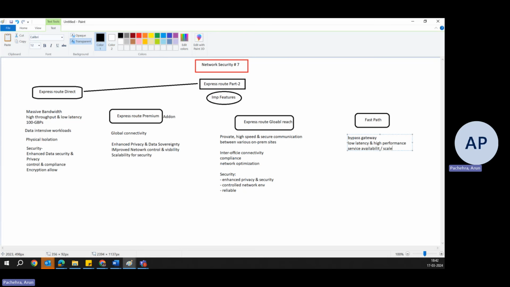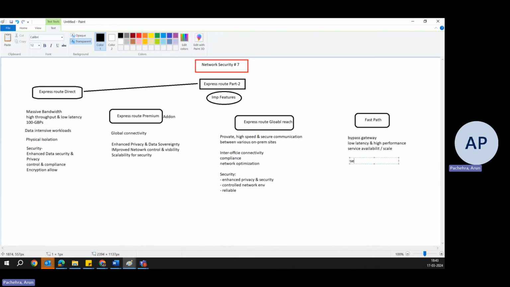Then optimized cloud integration, because as more enterprises move critical workloads to the cloud, FastPath facilitates a smoother integration between on-prem infrastructure and Azure, supporting scenarios like hybrid cloud deployments, data migration, and DR with improved performance. So we are good with FastPath.